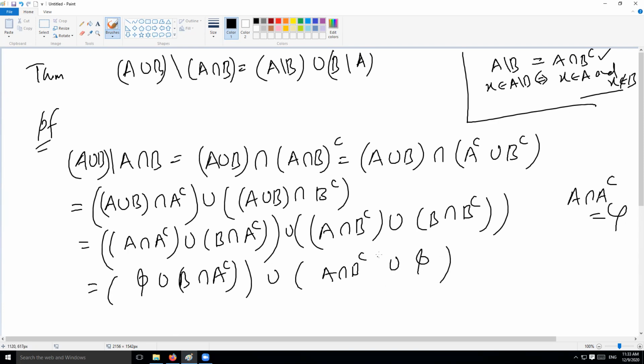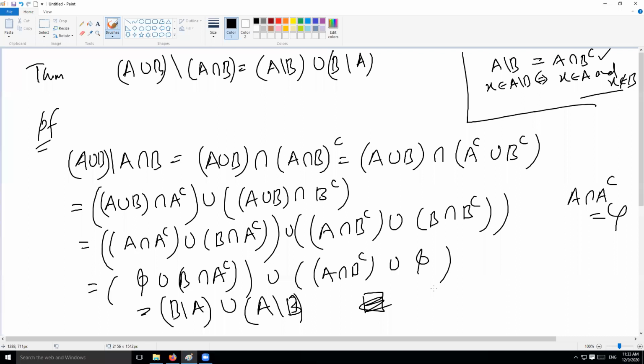Okay. So if you add the empty set in a union, what are you going to get? Nothing. But what is B intersection A complement? This is B minus A, union A intersection B complement. This is A minus B, and this proves the theorem. Okay, this proves the theorem.